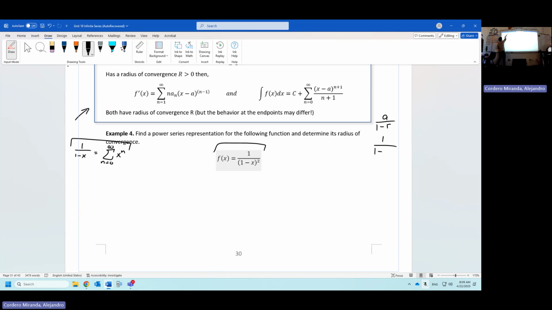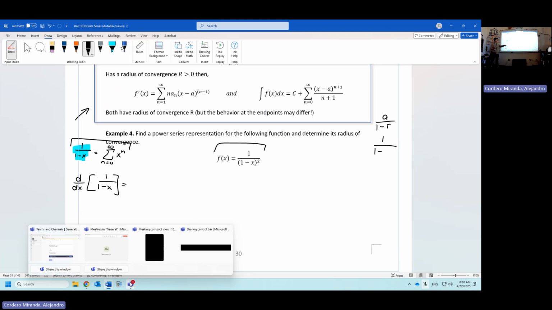Here's us getting the derivative of the blue function that I'm highlighting. Derivative of 1 over 1 minus x would be equal to exactly this. You don't see that?